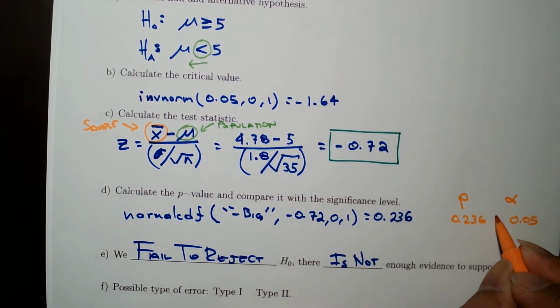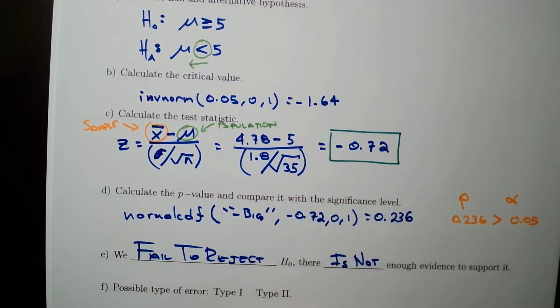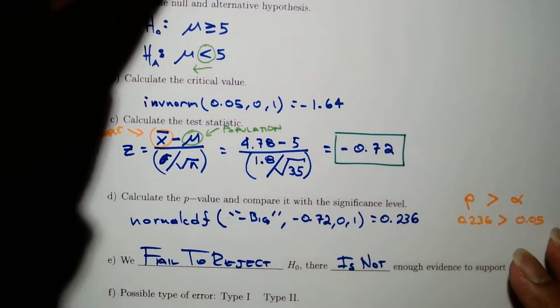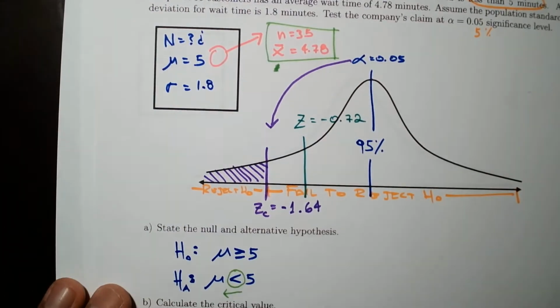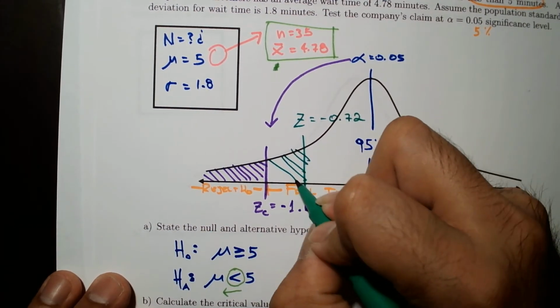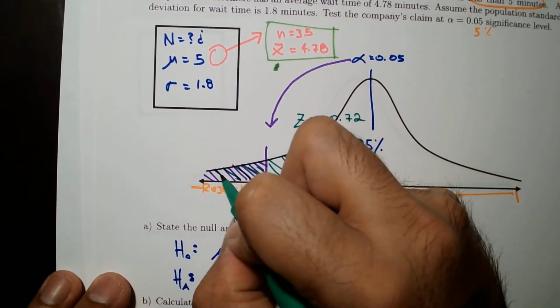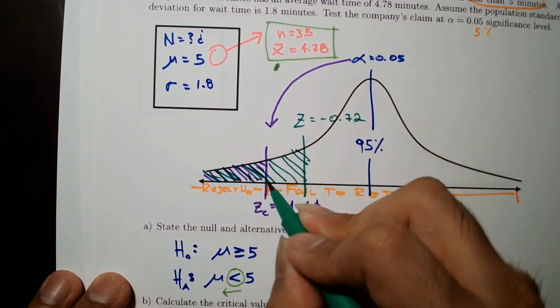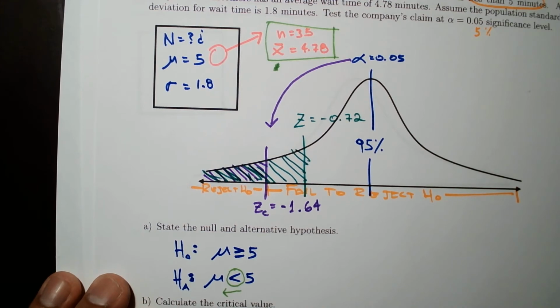In this case, clearly p is bigger. This area right here is way bigger than the one dictated by this cutoff value.